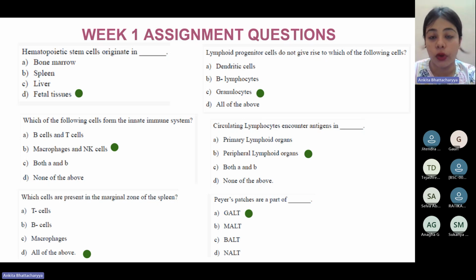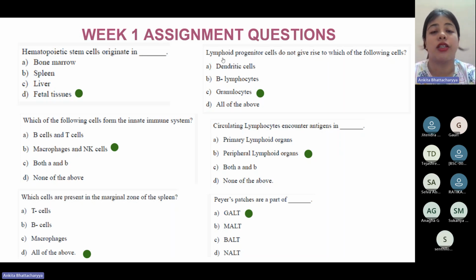For question 4, lymphoid progenitor cells do not give rise to which of the following cell types? If you remember, when we discussed the development of different cell subtypes from the hematopoietic stem cells, we had talked about the myeloid progenitor and the lymphoid progenitor. The lymphoid progenitor obviously gives rise to the lymphocytes and also to dendritic cells. If you refer to the older slides, dendritic cells could be formed as a result of maturation from either the lymphoid or the myeloid progenitor, and therefore they were said to be overlapping between the two branches.